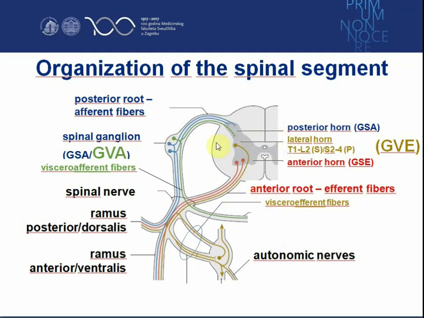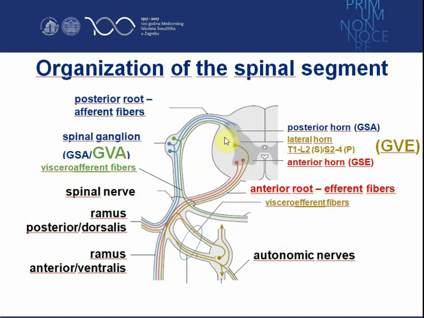In addition to the somatic fibers, autonomic fibers are also a component of the spinal nerve. Efferent autonomic fibers, or general visceral efferent fibers, are axons of neurons whose bodies are located in the lateral horns of the gray matter of the spinal cord, which are not present at all segmental levels, but only in the thoracic and the sacral segments.